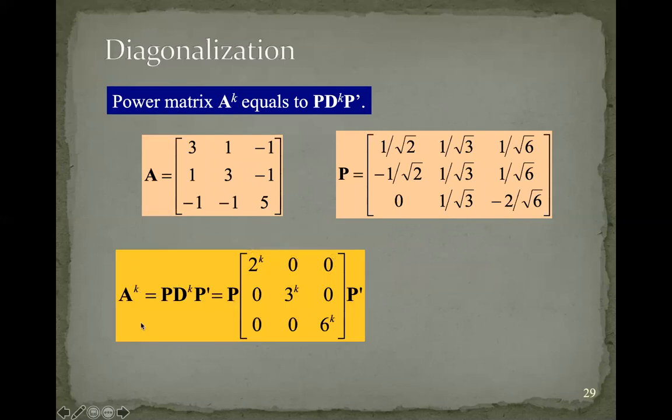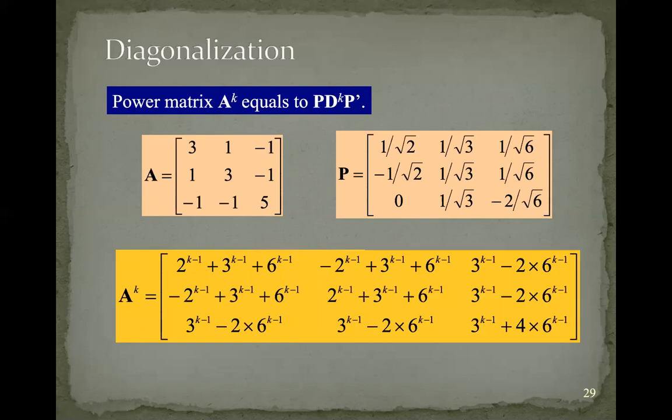If I want to find the A to the power K, it's indeed the same as my orthogonal matrix P multiplied by the diagonal matrix with all the lambda entries to the power K, multiplied by the transpose of the orthogonal matrix. I can multiply that out, and I find that A to the power K would have all these entries.